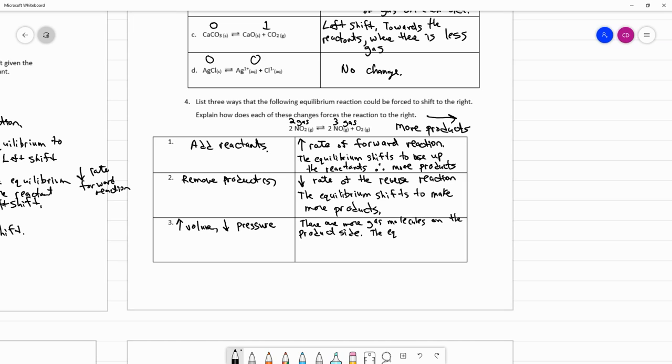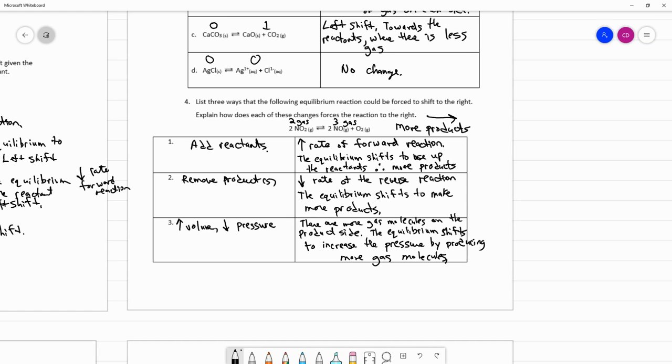The equilibrium shifts to increase the pressure by producing more gas molecules.